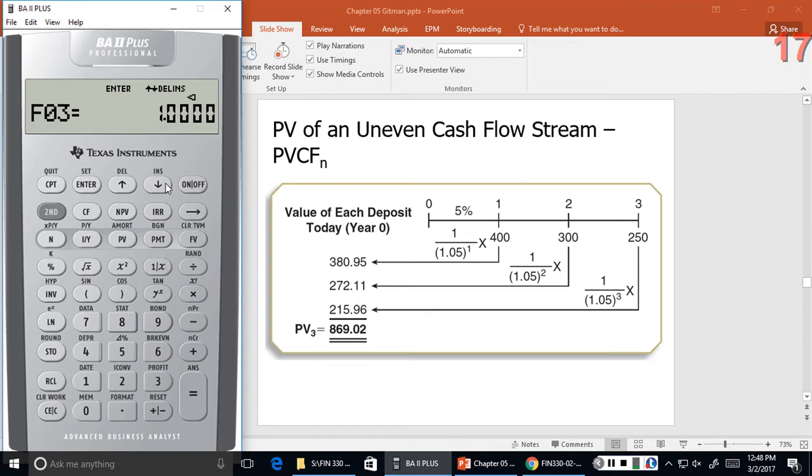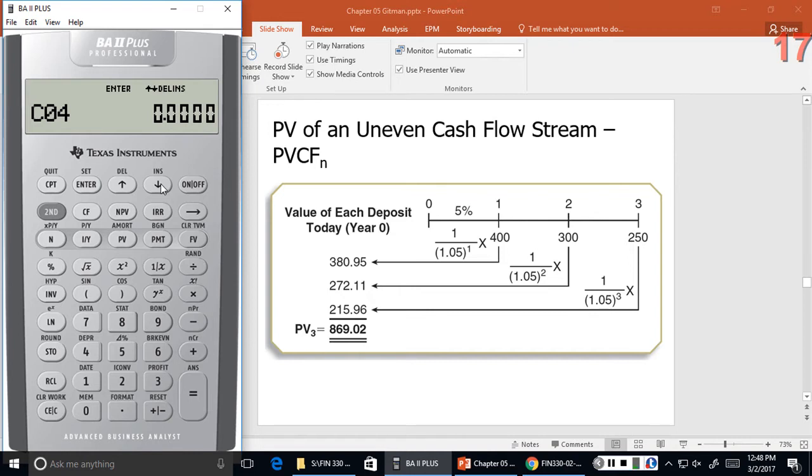So you can always go back and check your cash flows to make sure that they're all correct before you go any further. So if I press my down arrow key, there's cash flow 4, which should be 0. Now, the reason we cleared this out is because it's easy to forget that maybe on the last problem you worked, you had cash flows in time periods 7, 8, and 9.